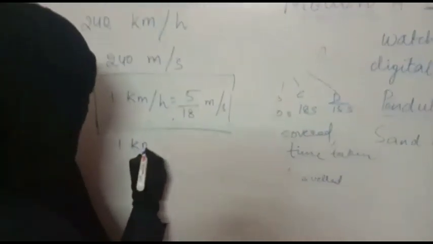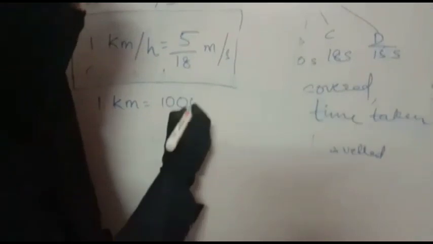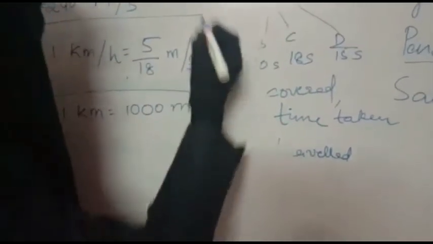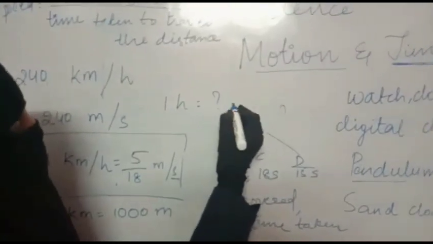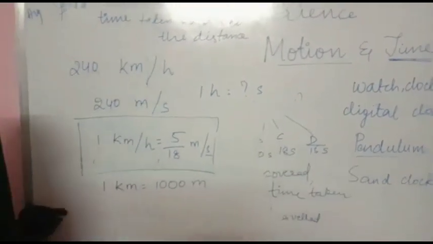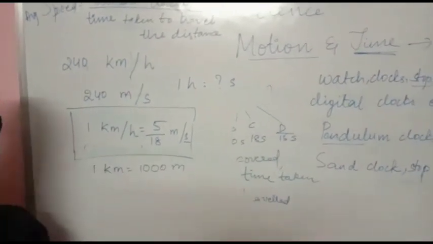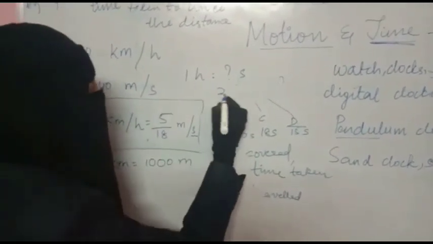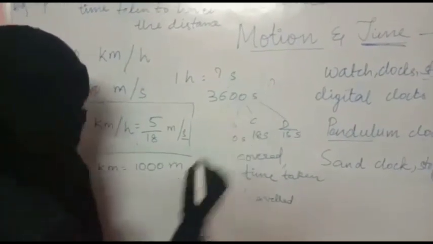1 kilometer equals how many meters? 1000 meters. 1 hour equals how many seconds? Here we know minutes, right? But now hours. 1 hour equals how many seconds? That is 3600 seconds.